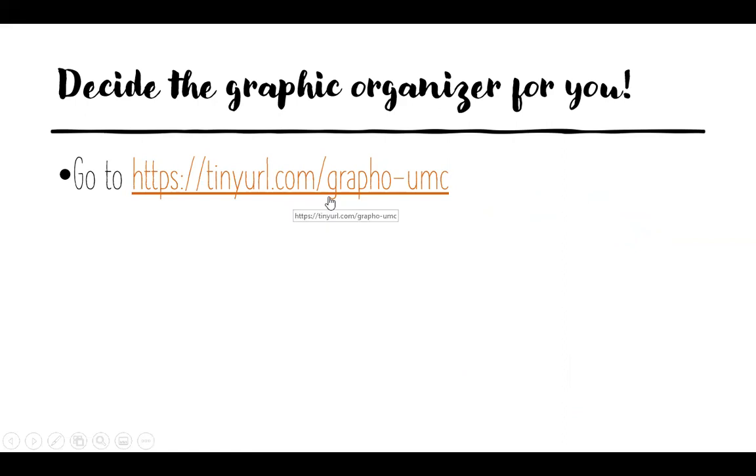I will give you the link. And this website has examples of graphic organizers. It has 19 graphic organizers. But of course, for this course, you do not need to use all the 19 of them. You might need some that fit well with our types of essay.